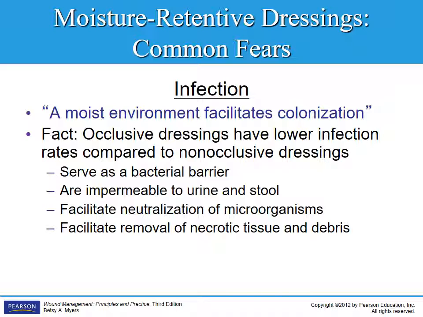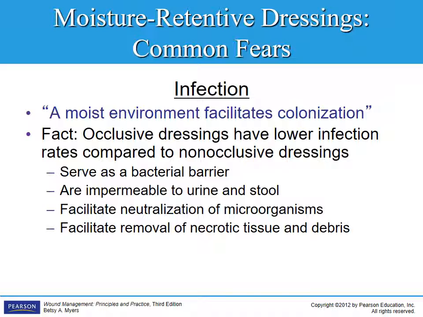If we think about it, the reason is they are creating a barrier to the bacteria that could be colonizing on that wound. If you have an occlusive dressing, it's occluding any bacteria from settling on that wound bed. And as we've already talked about, any bacteria that's already on that wound bed, the endogenous enzymes are going to kill that bacteria.